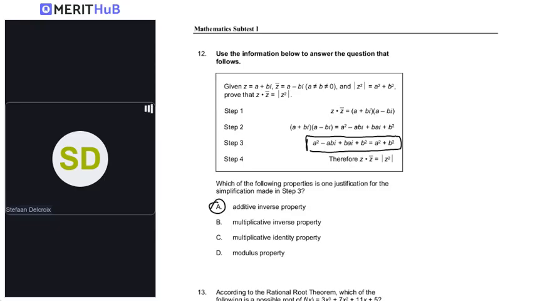Additive inverse. They are actually using another property, but it's not listed. Do you see which other property they are using? So if you don't look at step 3, let me say, what should I add to minus ABI to get to 0? So don't look at step 3, just look at what I wrote. Minus ABI plus, what should I write there so that equals 0?